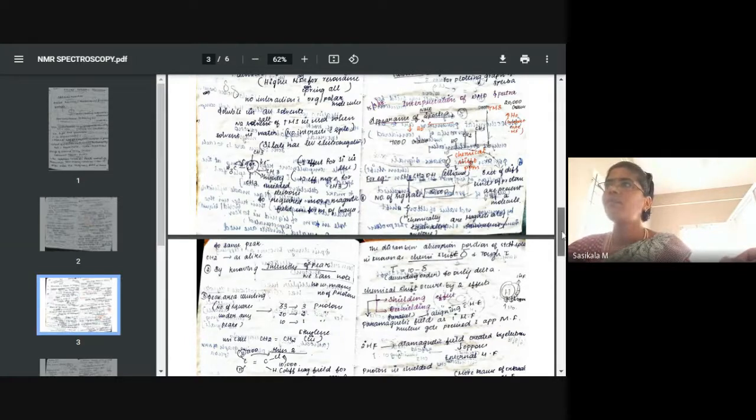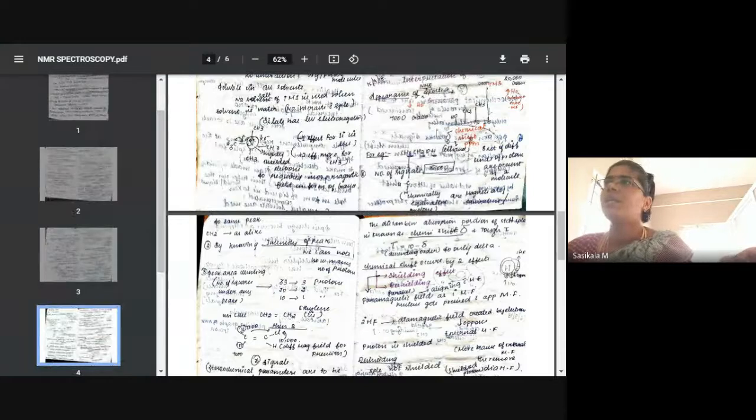The position of the signals depends on the chemical shift value. So the second point is the position of signals, where the signals are located in the spectrum. Position of signals represents chemical shift values, so where it is located on the x-axis.